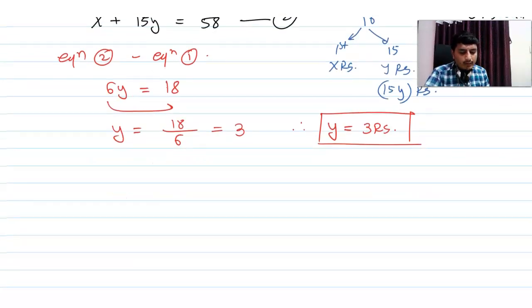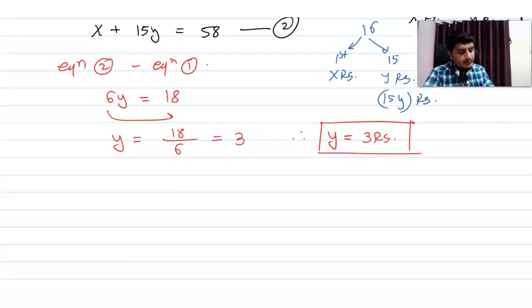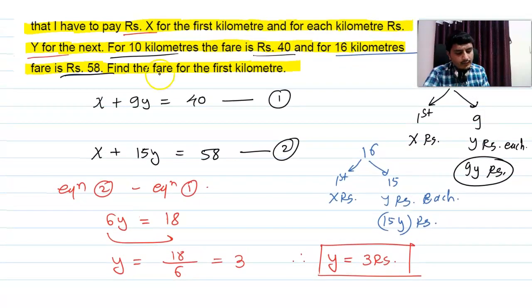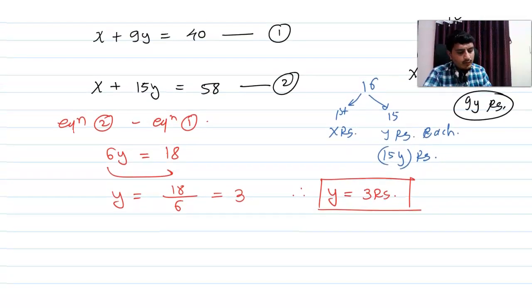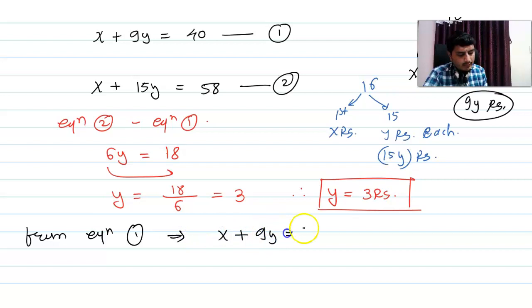Now we have to evaluate the value of x, because we need the fare for the first kilometer. Let us put the value y equals 3 in either equation 1 or 2. I am choosing equation 1. Equation 1 is of the form x plus 9y equals 40. The value of y here is 3.